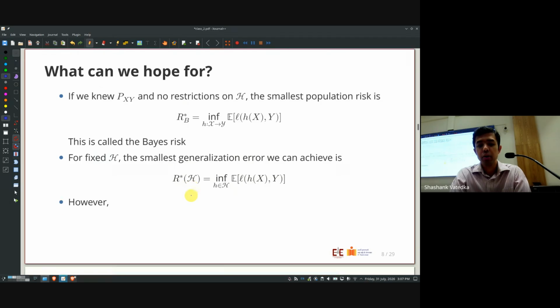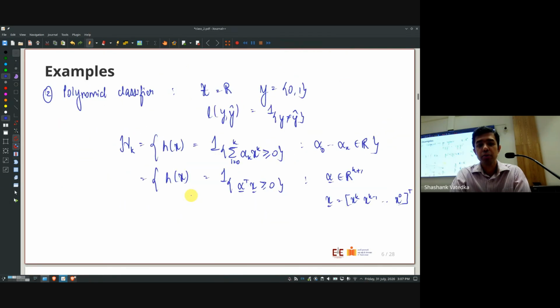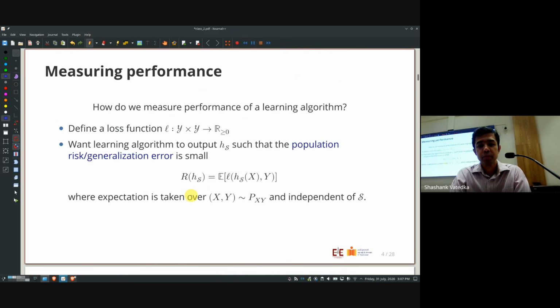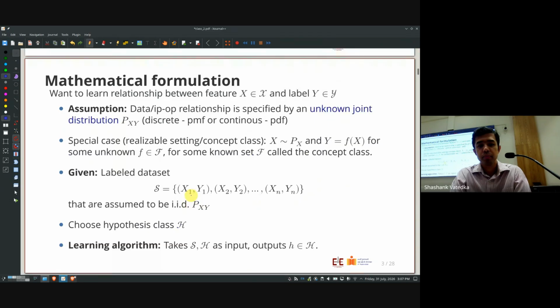But if you recall in the original formulation of our problem, we said that the joint distribution is known. So even if you know Pxy, given an x, y is still not deterministic. Y could be a random function of x.